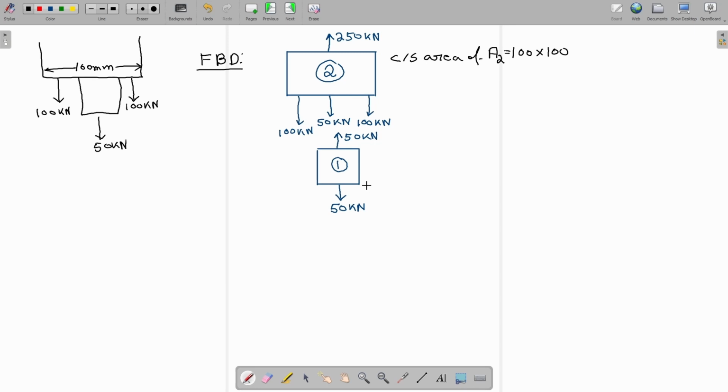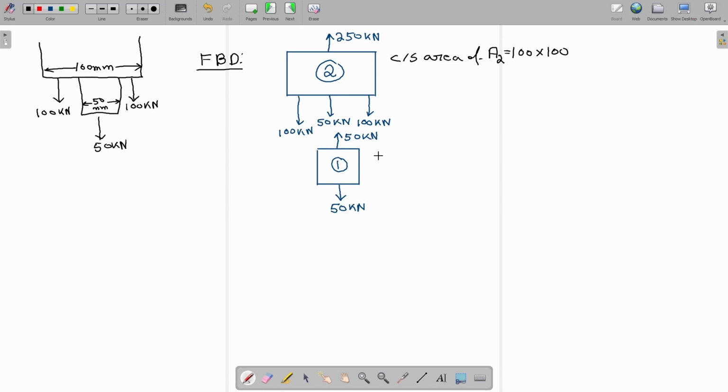Now similarly, for body 1, or the lower portion of the body, the cross-sectional measurement is 50 millimeter.